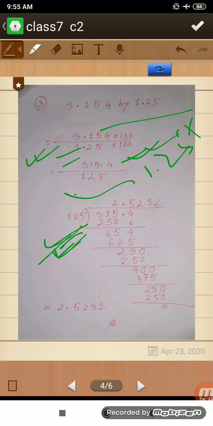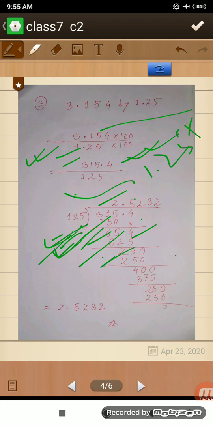So here you can say 2 times, putting 125 into 2, it will be 250, and remainder here 65, and 4 coming down, and 5 125s is 625, and here remainder 29.